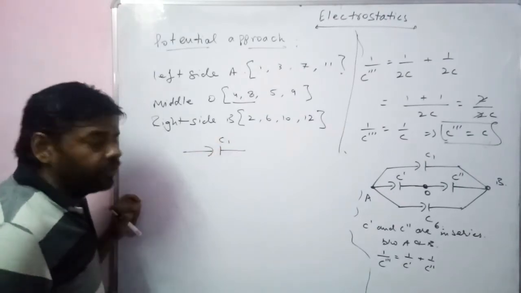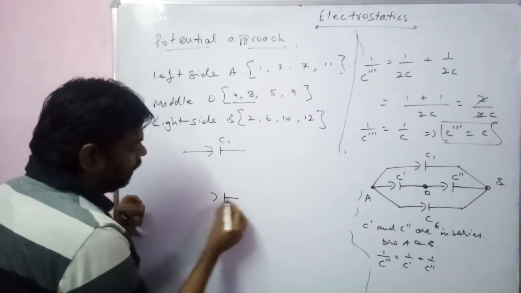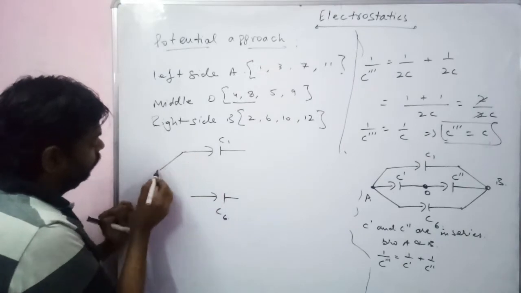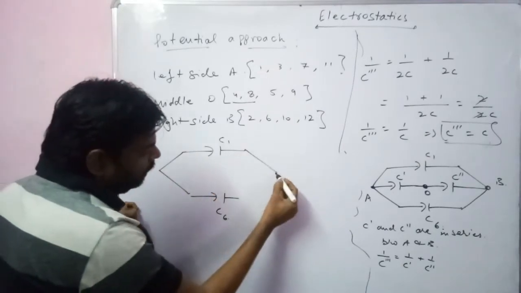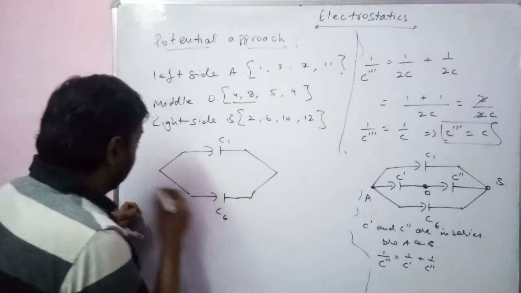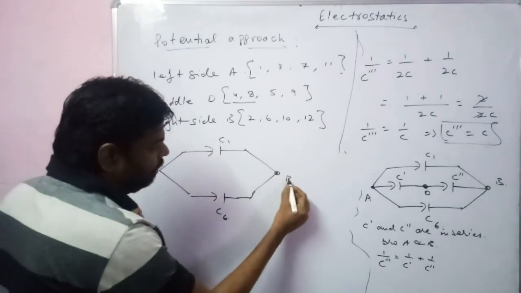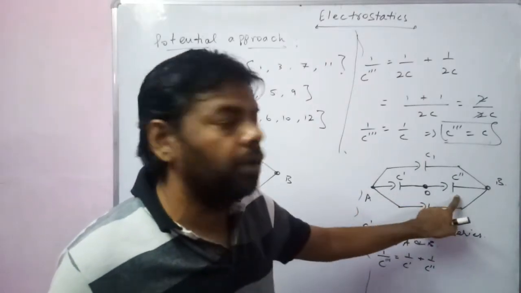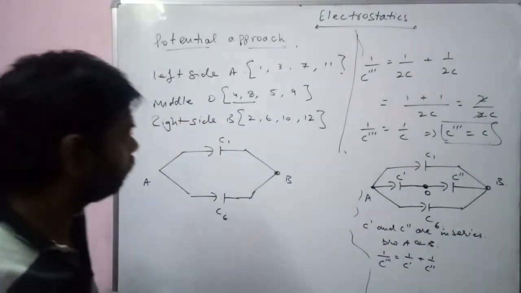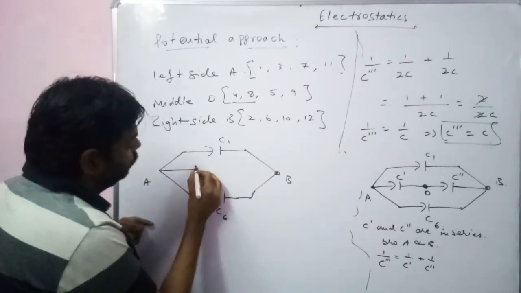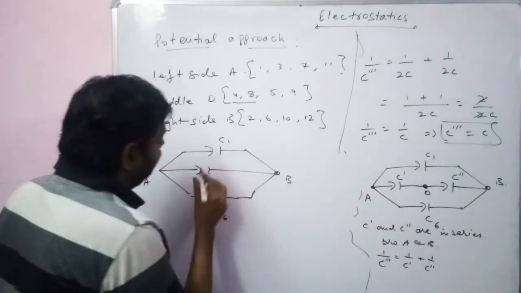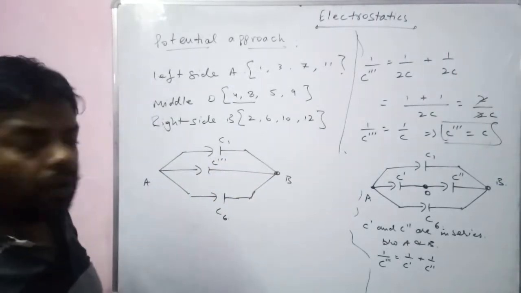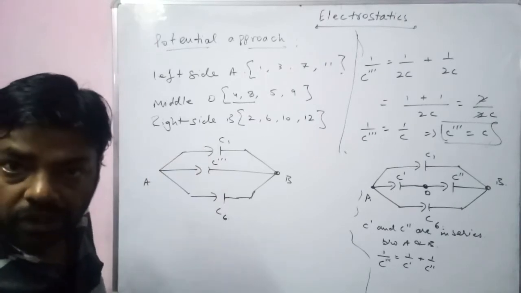Let us say the capacitor C1 and the capacitor C6 are connected between the points A and B. Since C triple dash, the equivalent of C dash and C double dash, is connected between A and B, all these three capacitors are in parallel with each other.